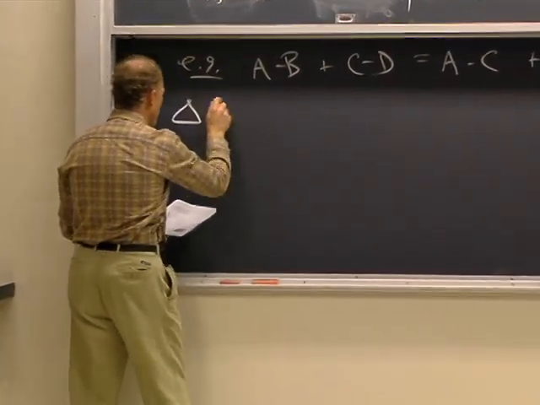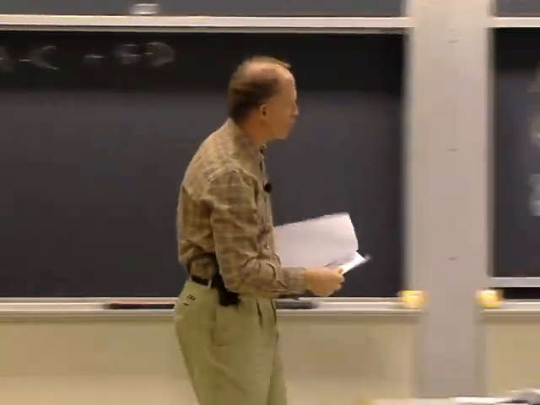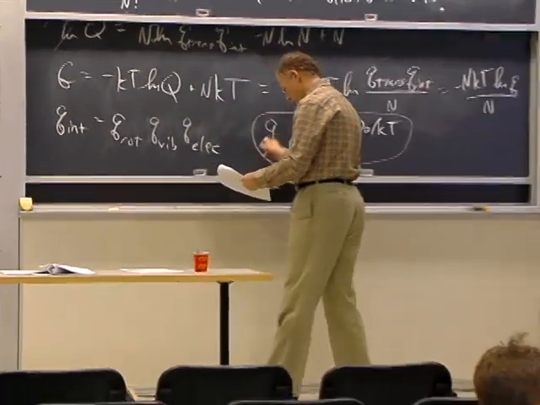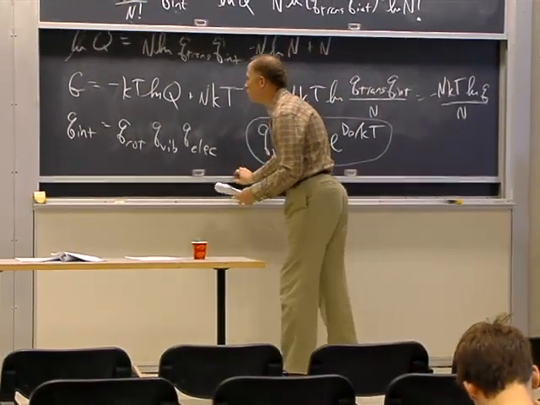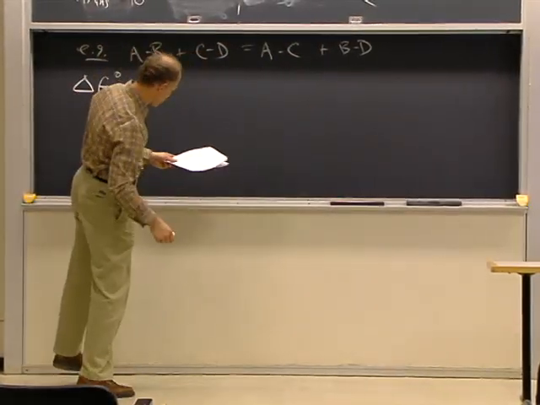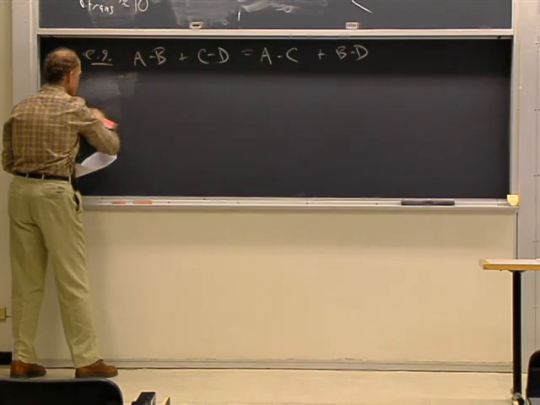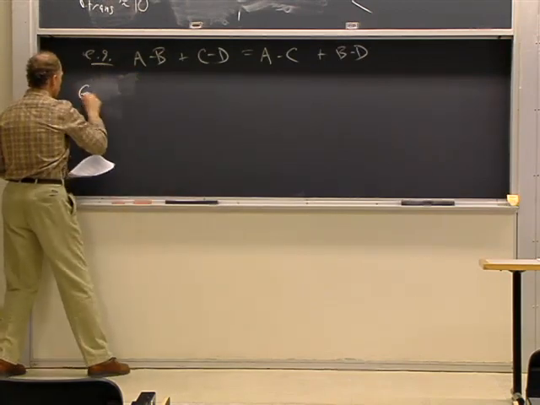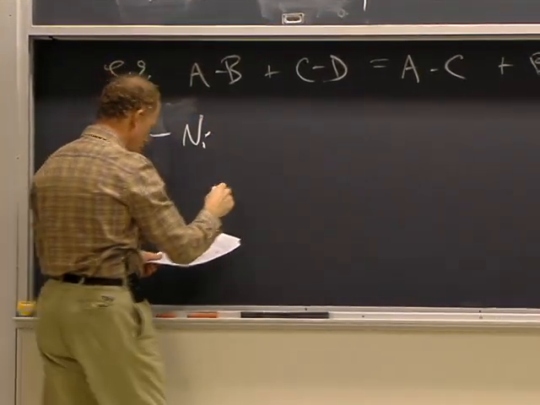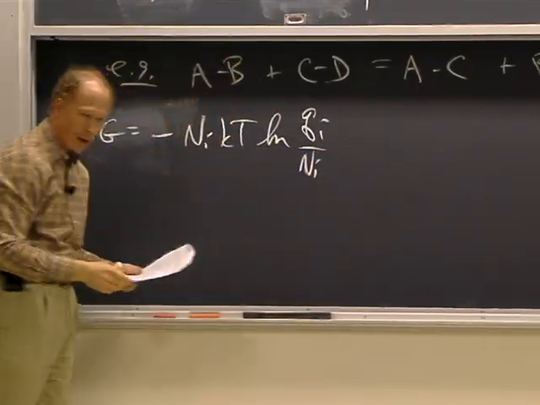Then our delta G naught, right? Let's go back over here. Here's delta G. Let me just put the relationship up there. So we've got an expression for G, which is, let's start from back there, minus, and now for each one of the substances, it's Ni kT log Qi over Ni.